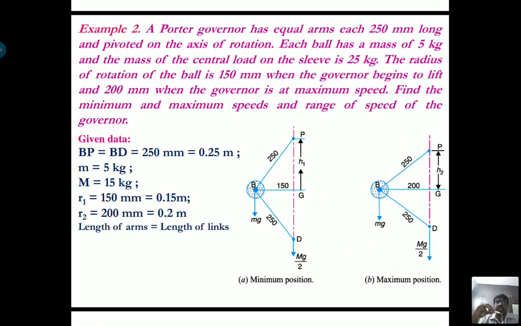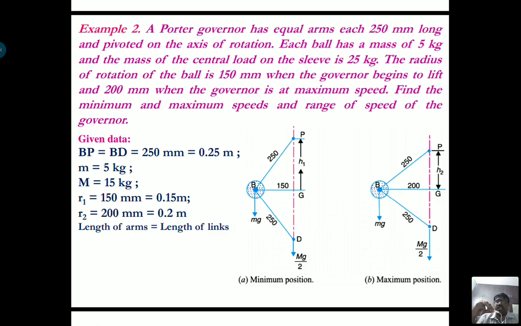The radius of rotation of the ball is 150 millimeters when the governor begins to lift and 200 mm when the governor is at maximum speed. Find the minimum and maximum speed and range of speed of the governor.